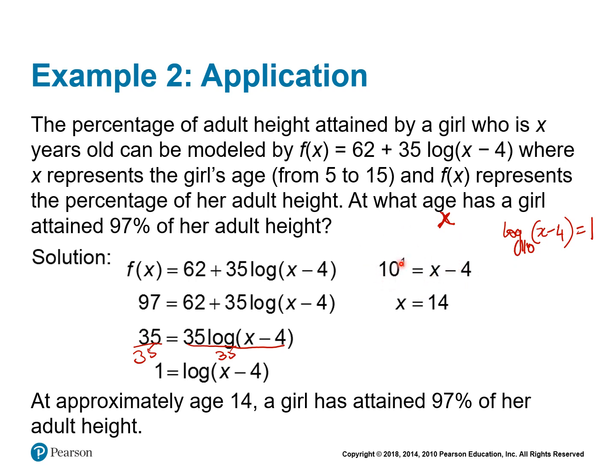So we have 10 to the power 1 equals x minus 4. Therefore 10 equals x minus 4. Solve for x, bring the minus 4 over to the side of the 10. So 10 plus 4 becomes x equals 14. So by the age of 14, a girl is expected to attain 97% of her adult height using this formula given. All right.